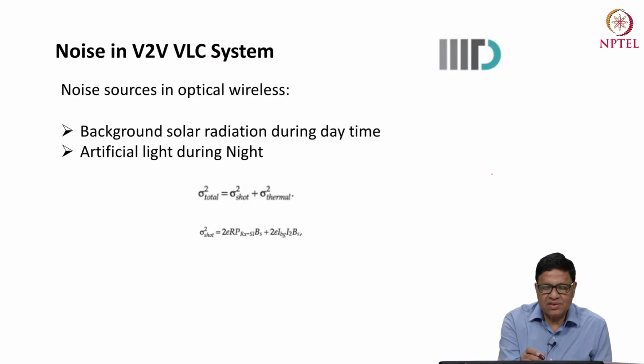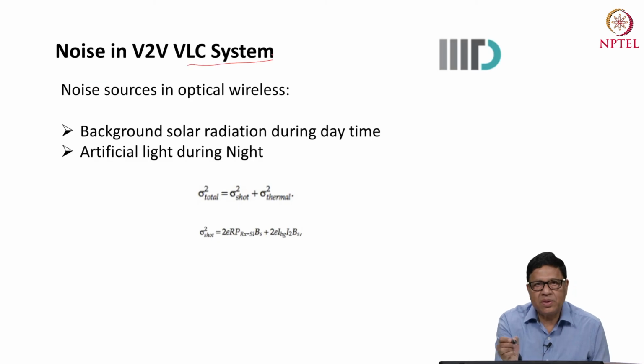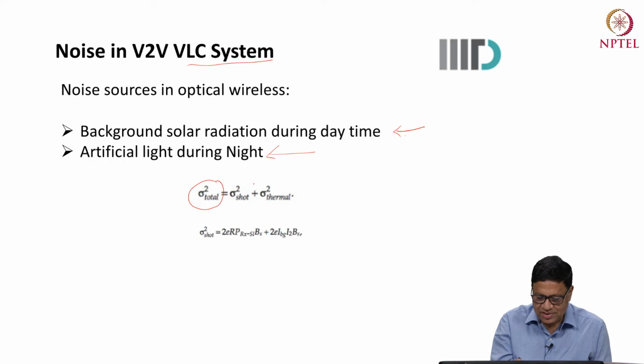So as we discussed, the noise in the VLC system, because ultimately you have to calculate signal-to-noise ratio. The noise sources are background solar radiation or artificial light during night, and the total noise is shot noise and thermal noise.